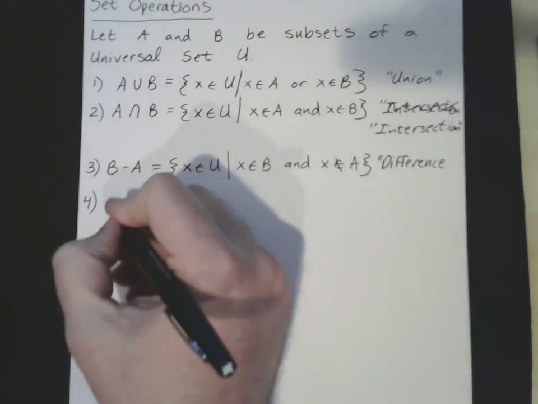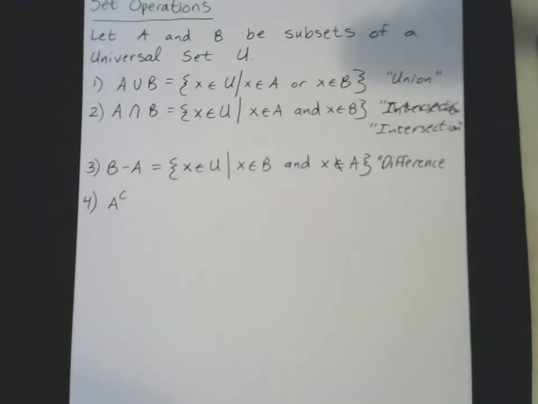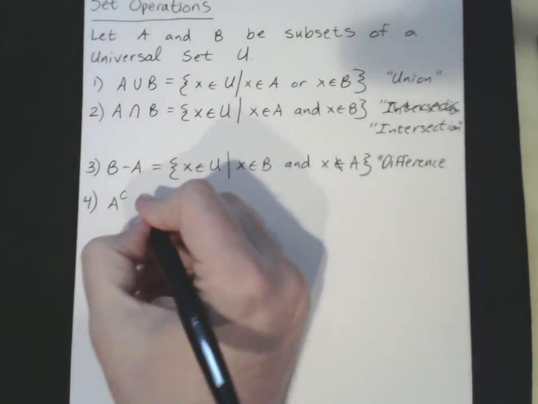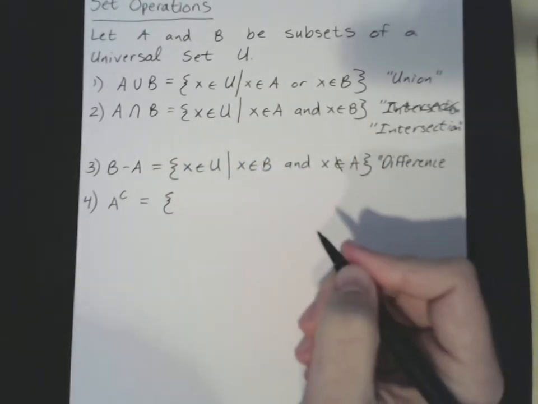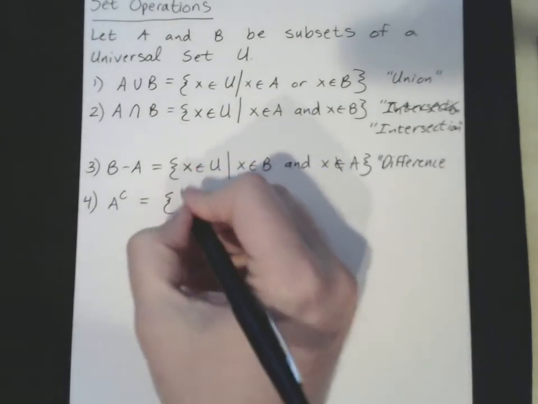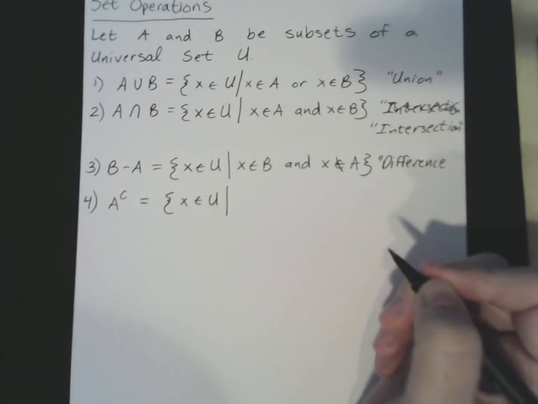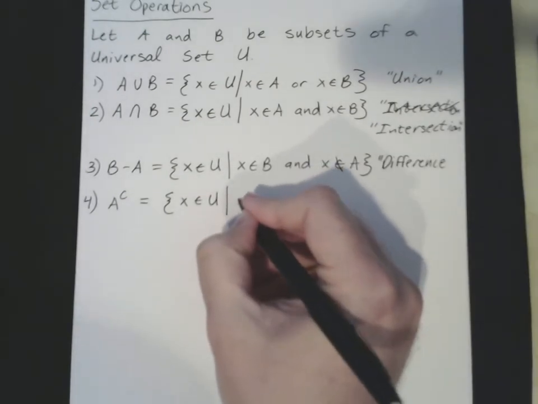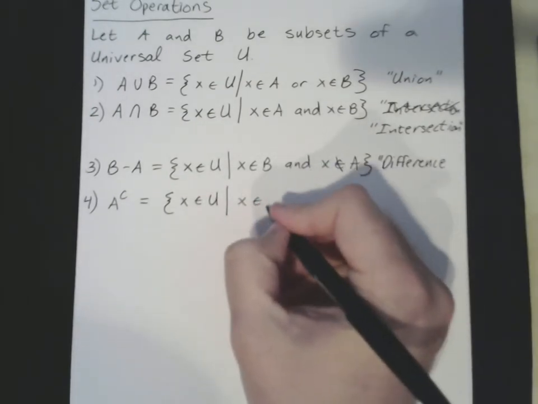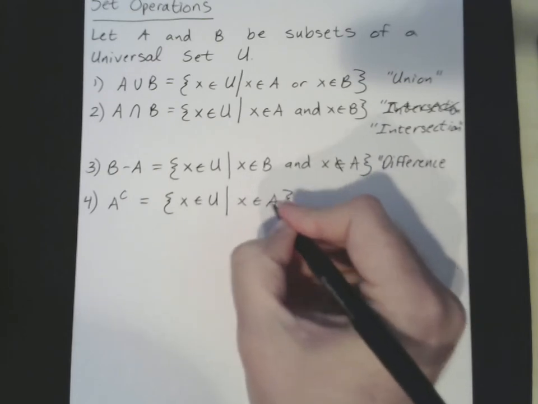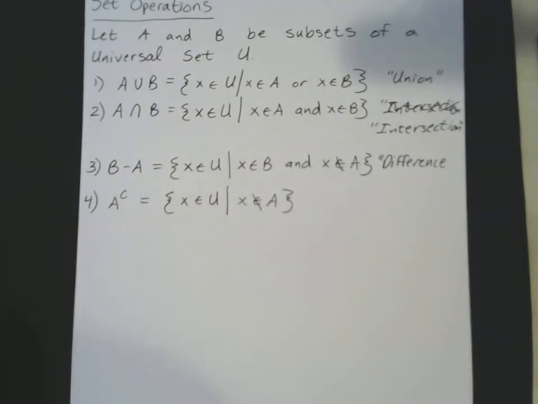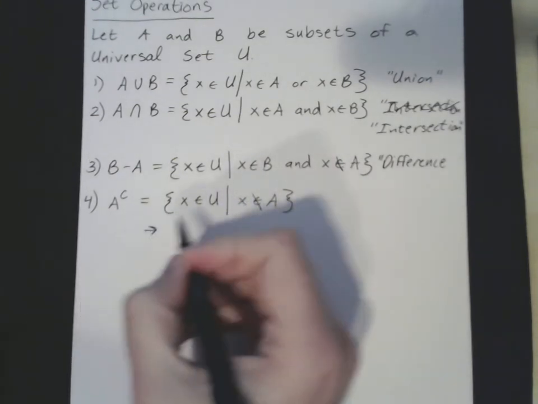And our last operation for sets is the complement set. So A complement is the x that are in U such that x is not in A. And there's a property for complements.